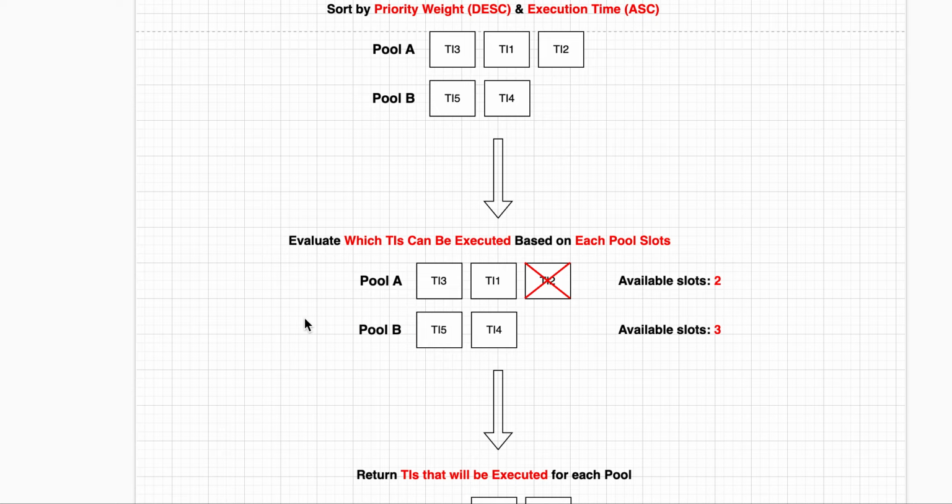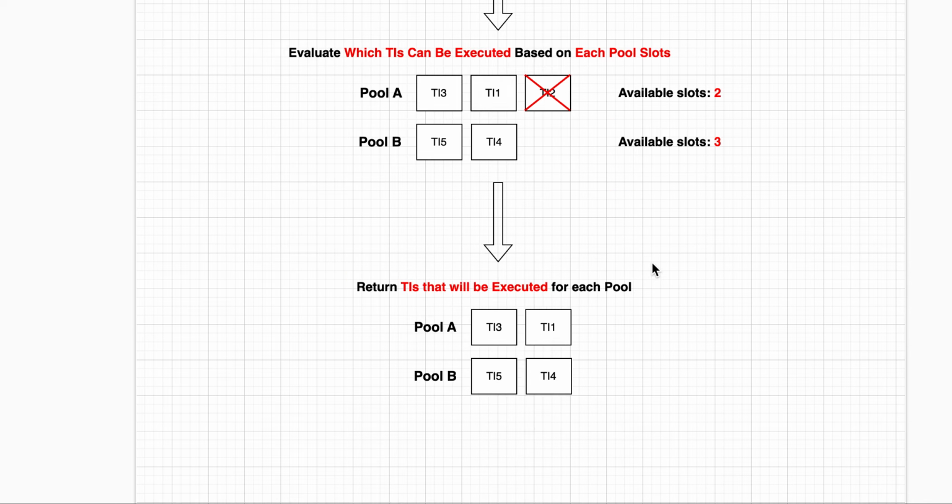A different thing goes with pool B. Its available slots is 3, meaning the maximum number of task instances that can be included on pool B is 3. Therefore, these two task instances, task instance 5 and 4, can be processed further on pool B. Last but not least, the final step is returning the qualified task instances to be run by the executor.